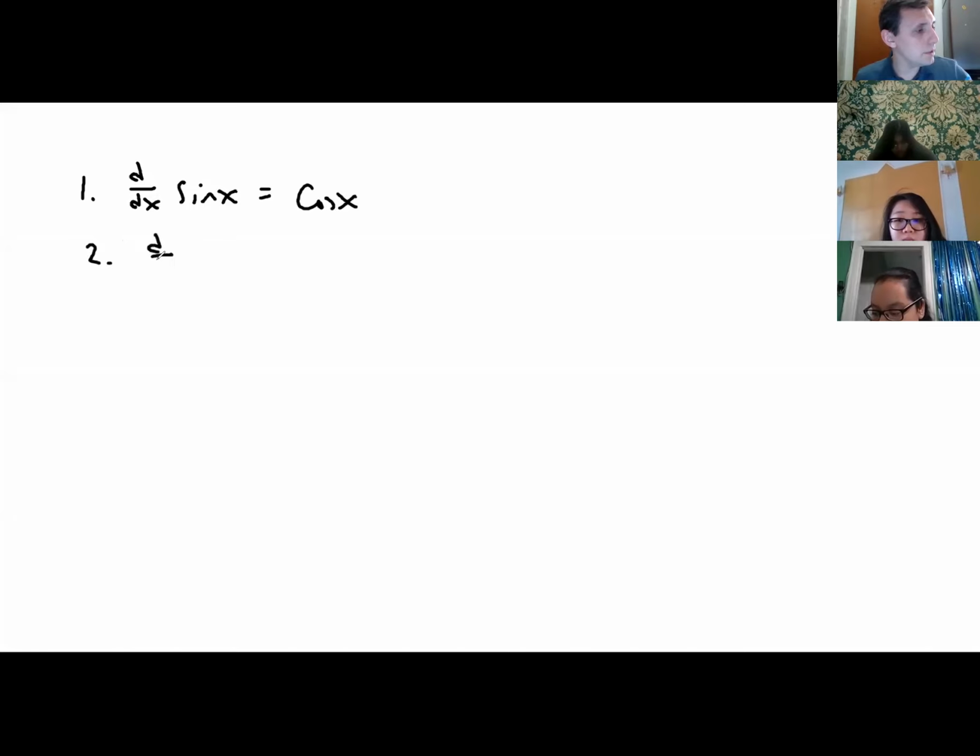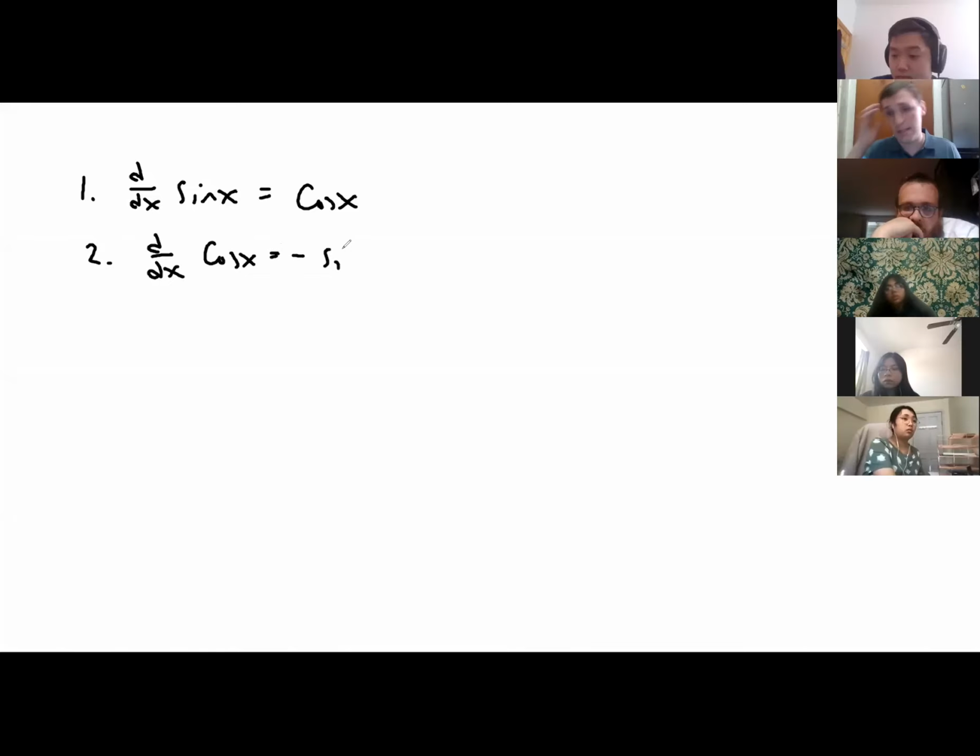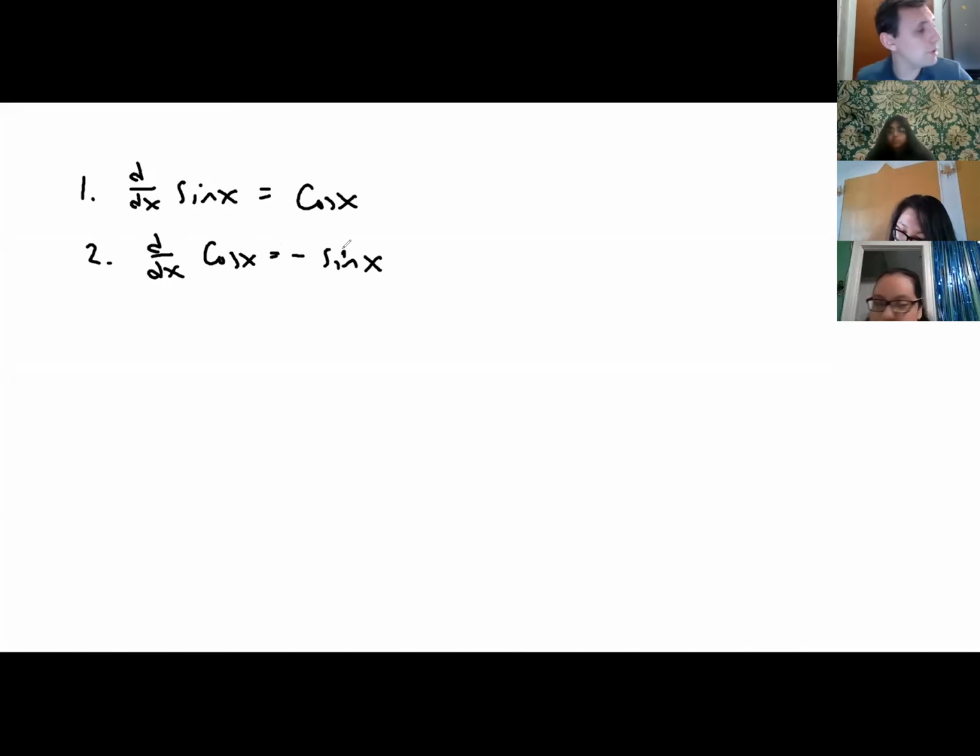Second, the derivative of cosine. So you see, those two can be confusing, right? The derivative of sine is cosine, but the derivative of cosine is minus sine. And then third, the derivative of tangent x is secant squared x.